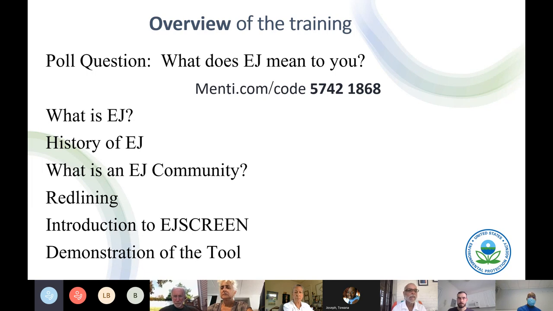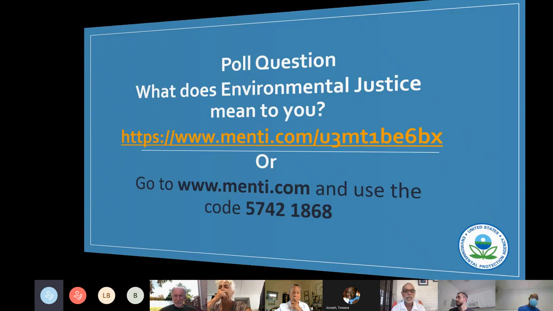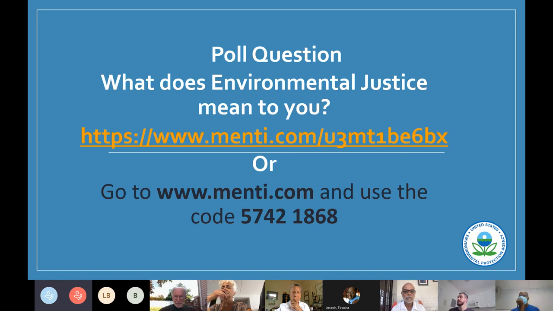Then we'll go into what is EJ, the history of EJ, what is an EJ community, a little bit on redlining, an introduction to EJSCREEN, and then a demonstration of the tool, not necessarily in that order. We'll show the poll results once we finish this section.